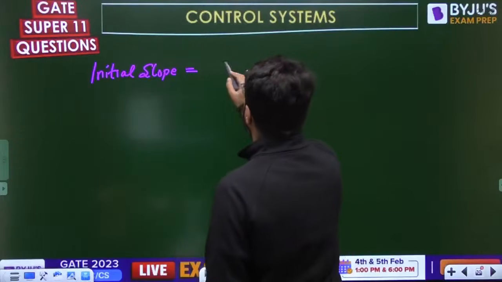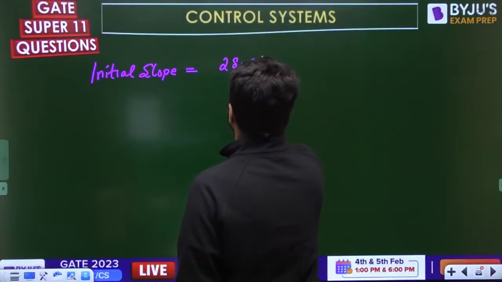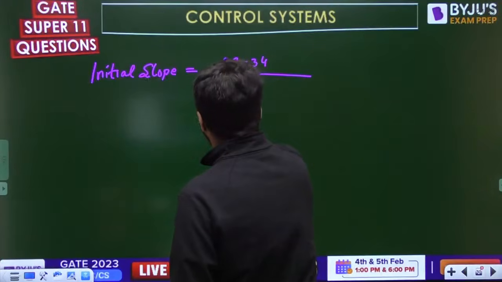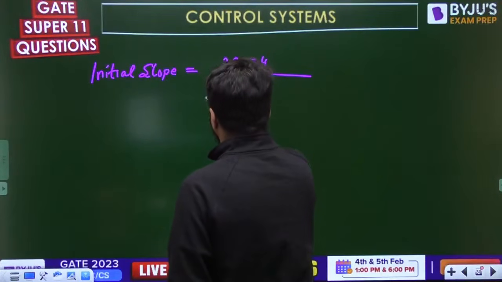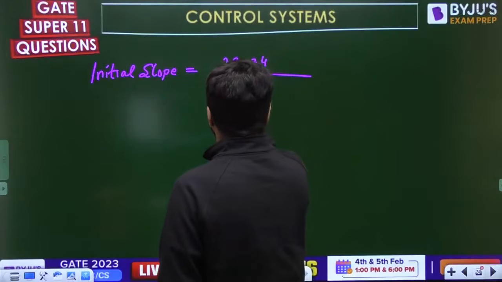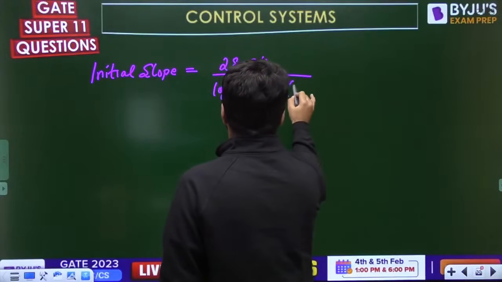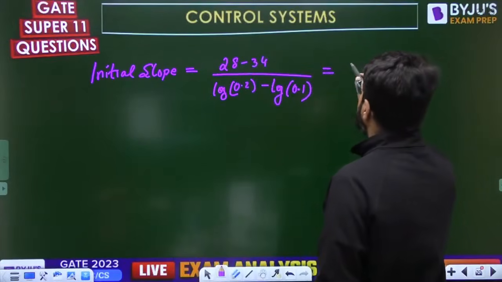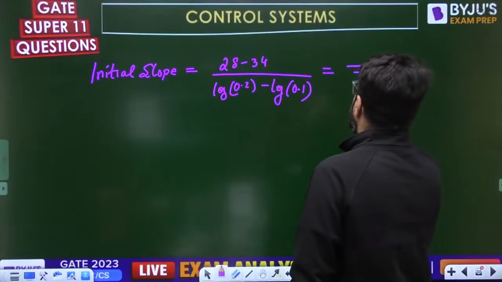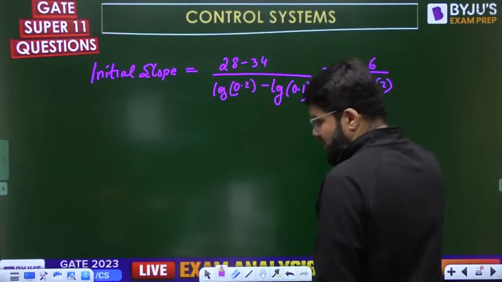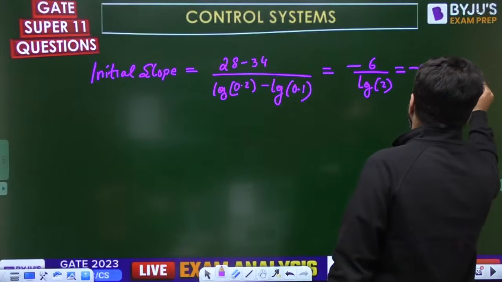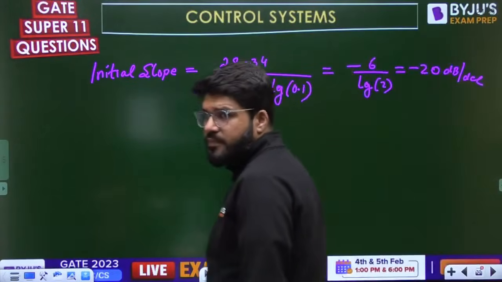28 minus 34, divided by log of 0.2 minus log of 0.1, that is log 2. So that becomes minus 6 divided by log 2, and you calculate, you will get minus 20 decibel per decade.